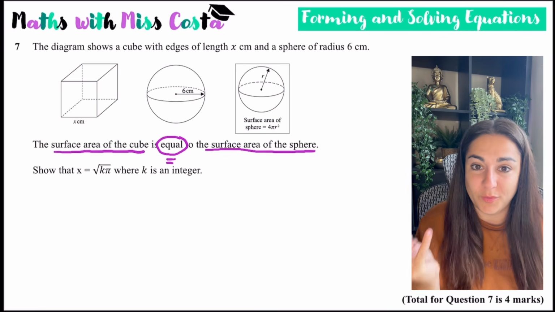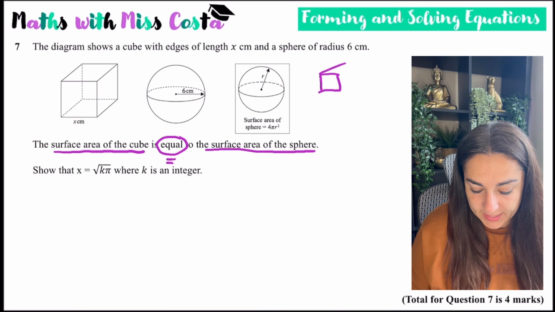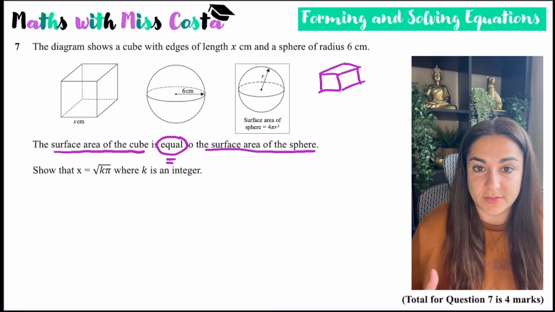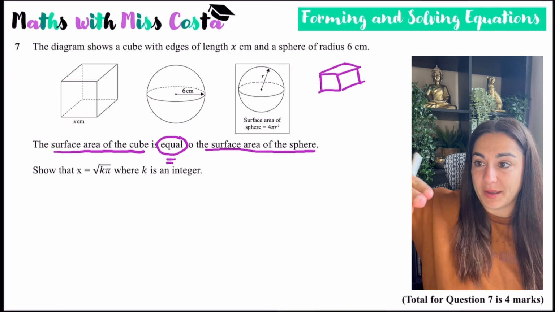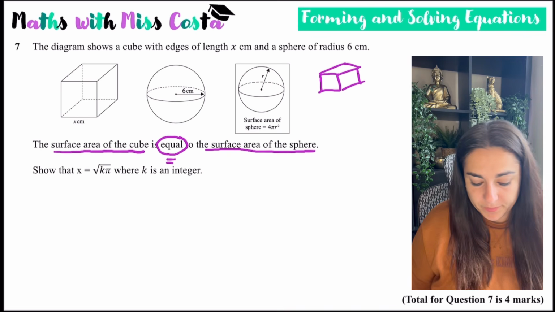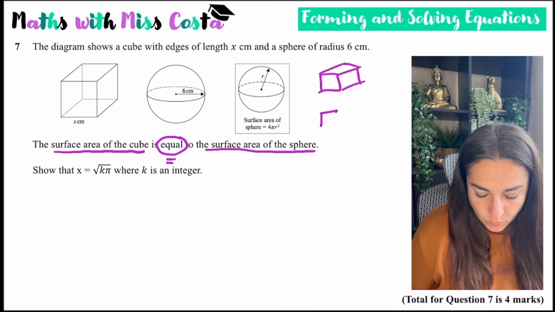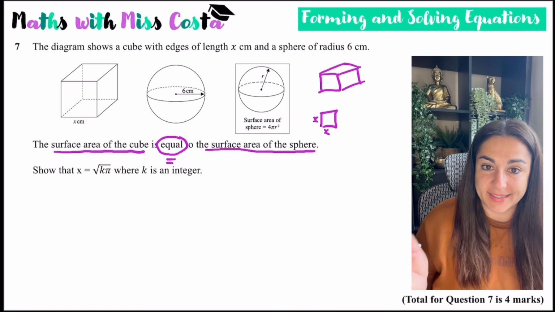So first of all, hopefully you know how to work out the surface area of a cube. To work out surface area, you want to work out the area of every face of the solid that you have. Imagine you're dipping it in chocolate. Think about all of the faces that would get covered. So a cube is a 3D version of a square, and all of the sides are equal, and there are 6 sides.